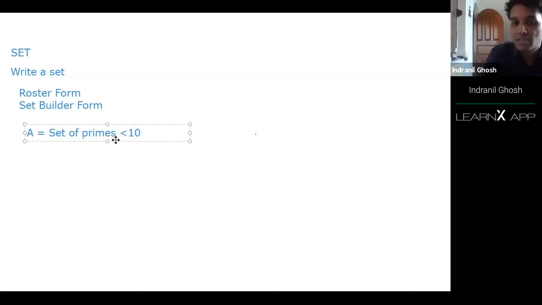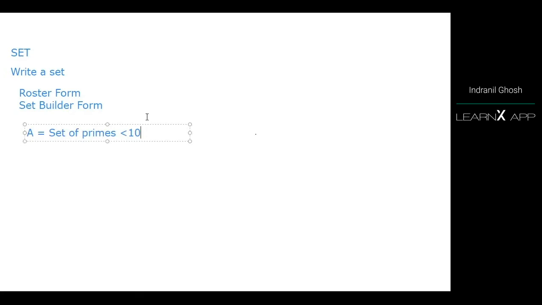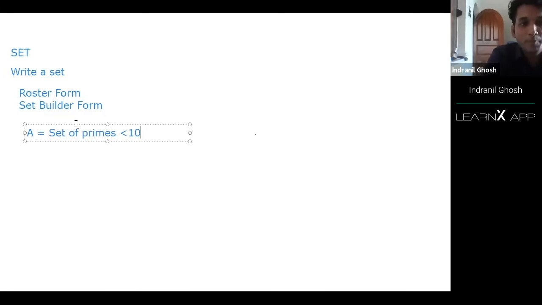Okay, meaning that we directly write the elements. Yes. Suppose a set is defined as the set of prime numbers less than 10, then what could be the set in roster form?